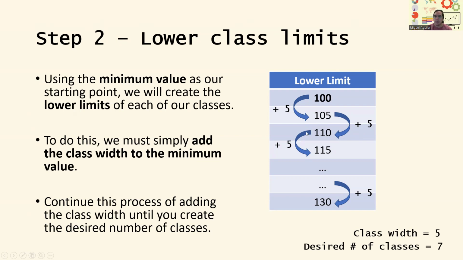Then we will add 5 yet again and continue that process until we have a total of 7 classes. So when you go through that process, you should have a lower limit for 7 classes, starting at a lower limit of 100 and ending at a lower limit of 130.